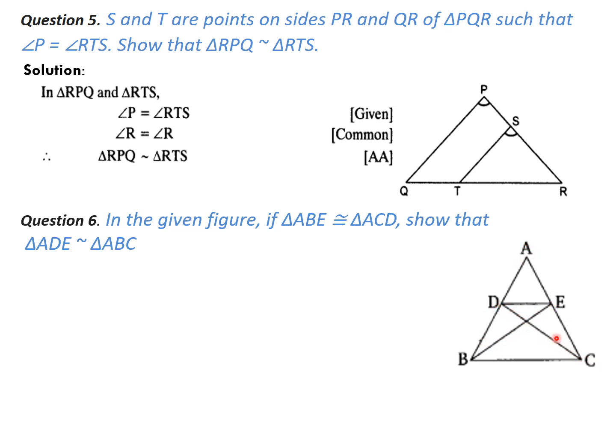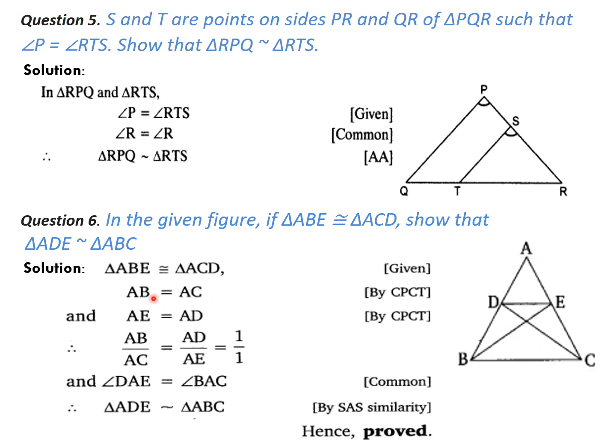This is what we are already getting from the triangles. We have to show that ADE is similar to ABC, the larger one. So since they are congruent, we have AB equals AC and AE equals AD by CPCT.